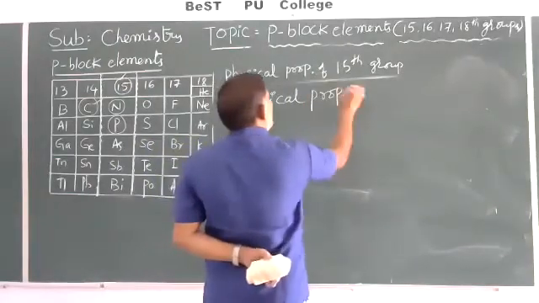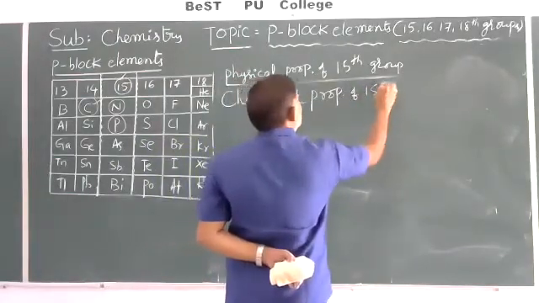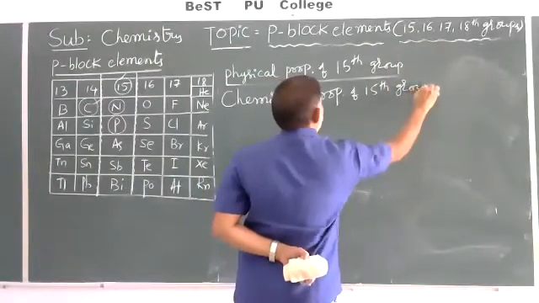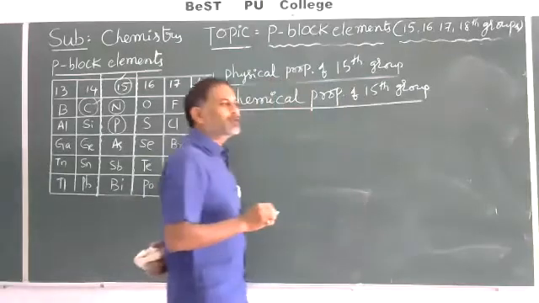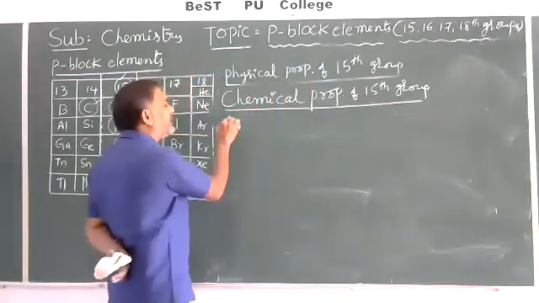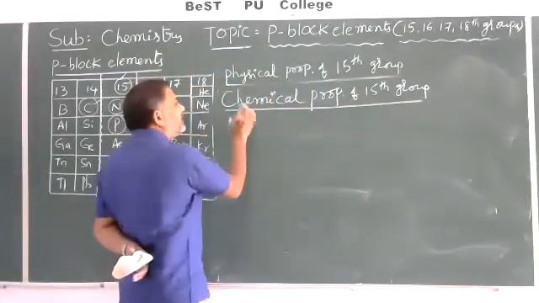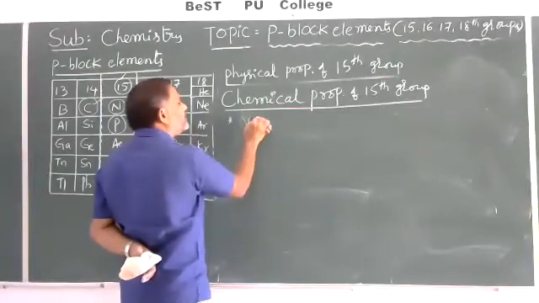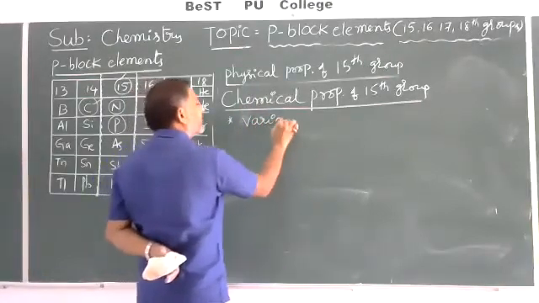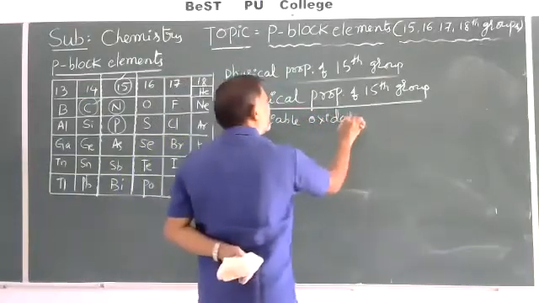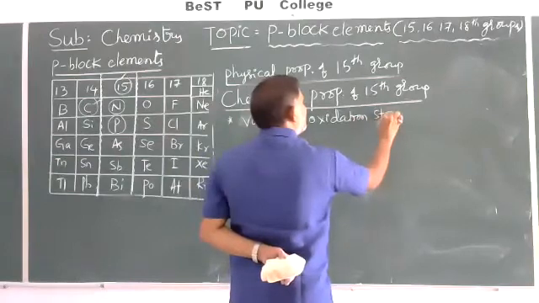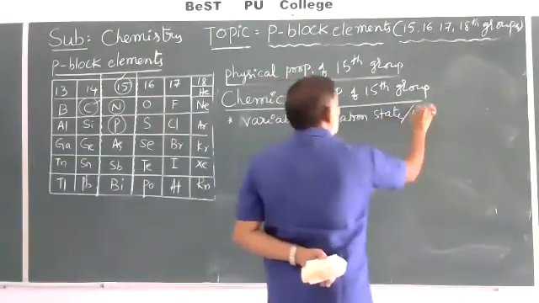Chemical properties of 15th group elements. The main important thing here is variable oxidation states, or oxidation number.